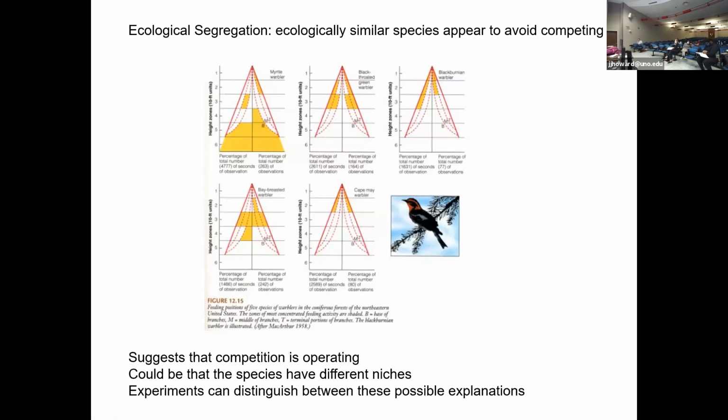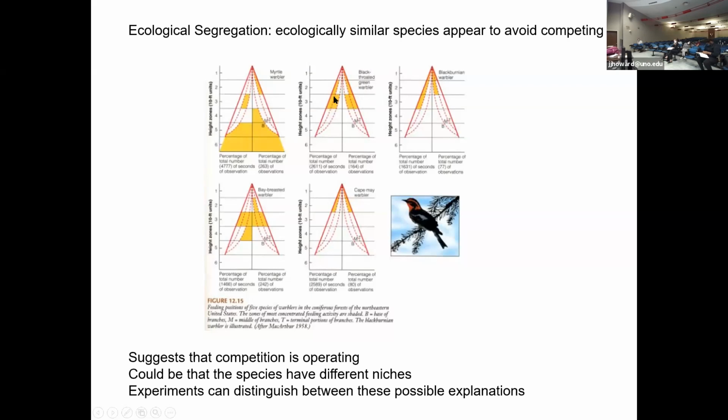Okay, so we can see that for the Myrtle Warbler up here, it spends most of its time below the canopy, sort of on the ground or on the very lowest branches. And it can spend a bit of its time sort of on the middle branches, the middle of the middle branches. Well, look, that's completely different almost from the black-throated green warbler.